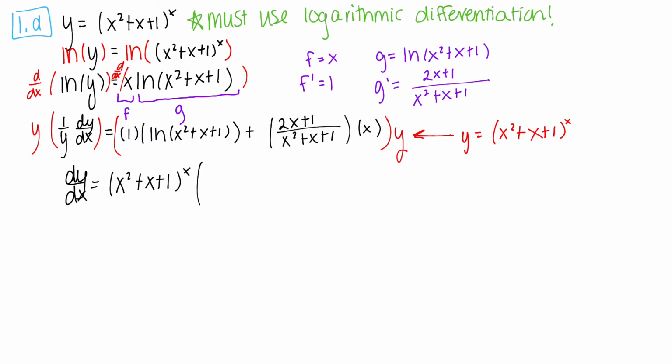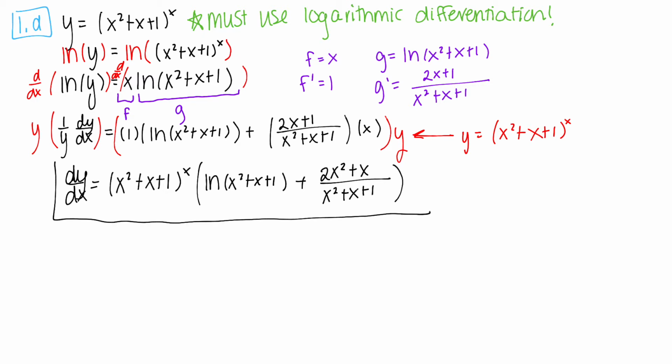And I'm just going to, it's not much simplification, but multiplying by 1 doesn't do anything here. So I'm just going to write ln x squared plus x plus 1 plus, and then this can multiply in. I mean, there's no reason not to. So you can make it 2x squared plus x in the numerator. You don't have to. It's up to you.